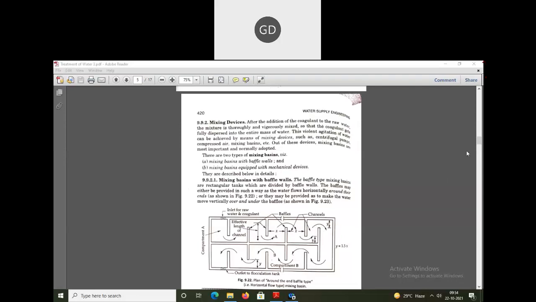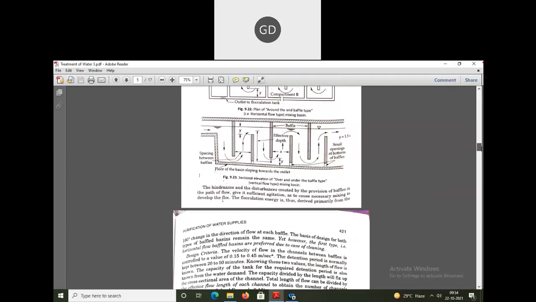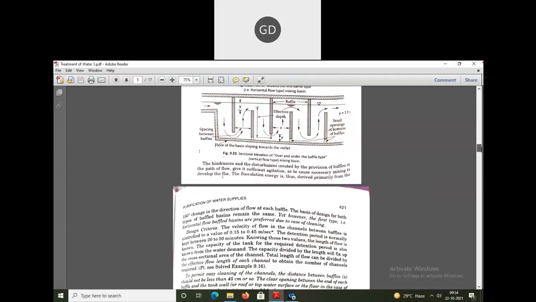This is the main function of the mixing basins I have discussed.